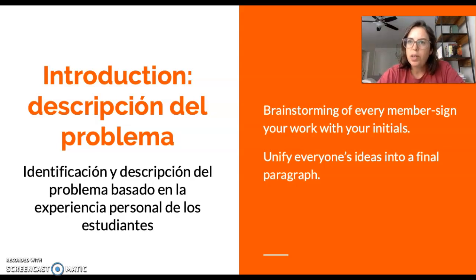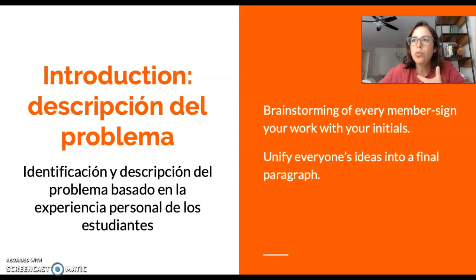After each member has brainstormed each part, I want the group to unify and include everyone's ideas to make one introduction, one paragraph with an introduction that reflects everyone's ideas.